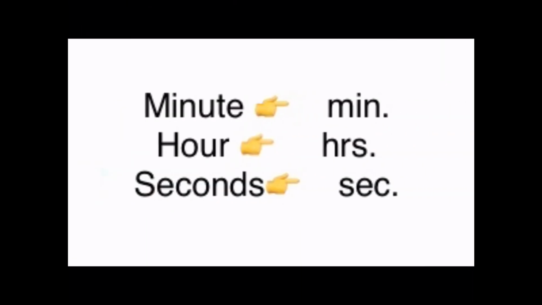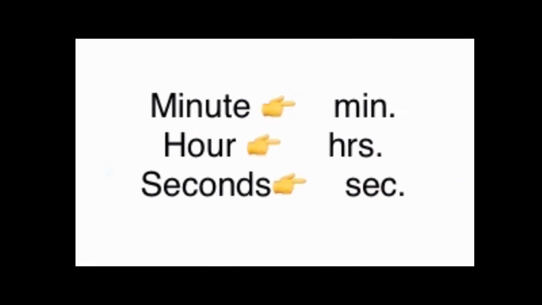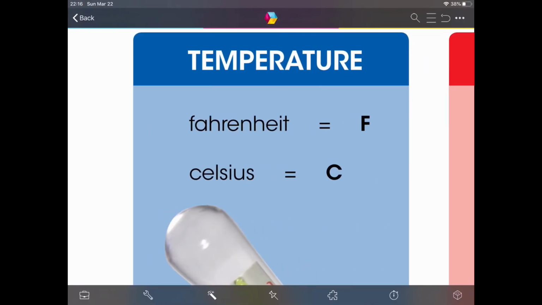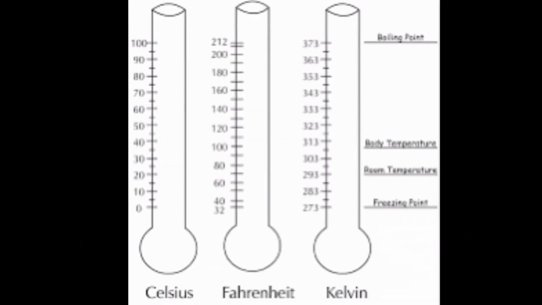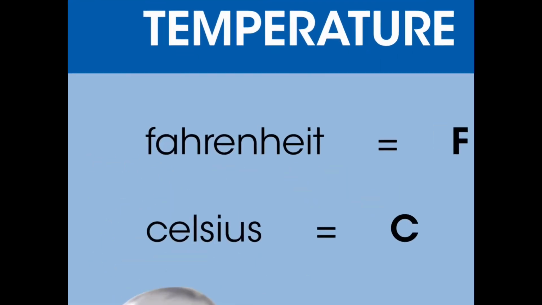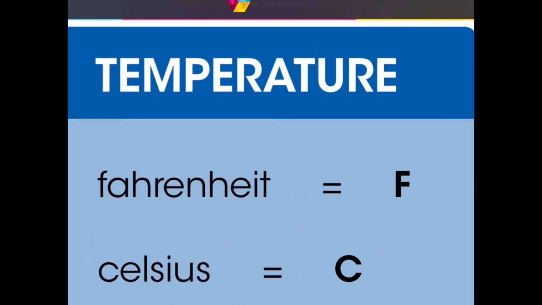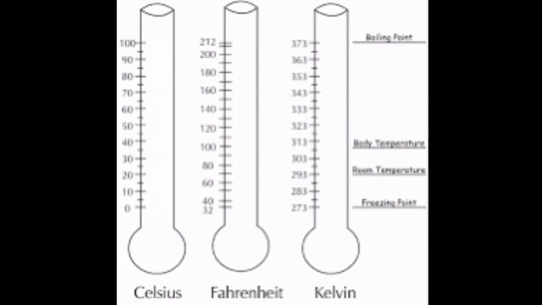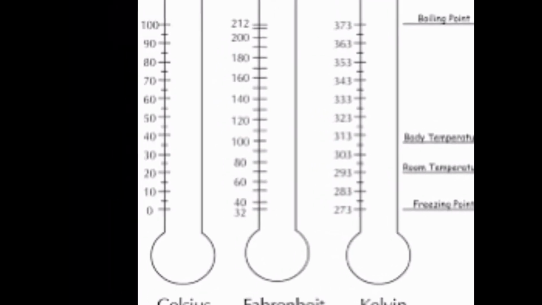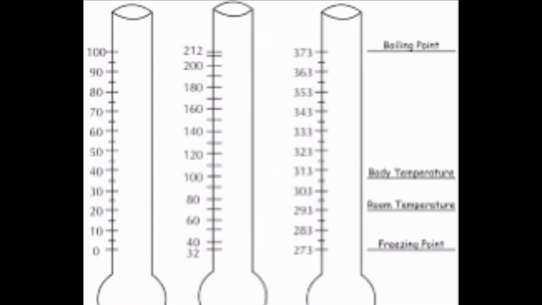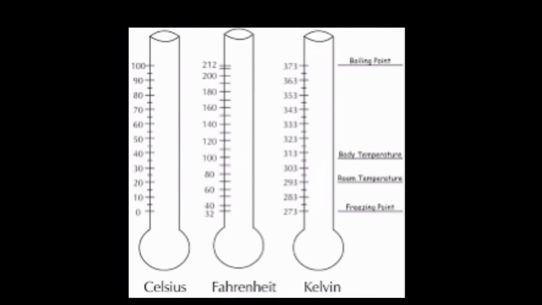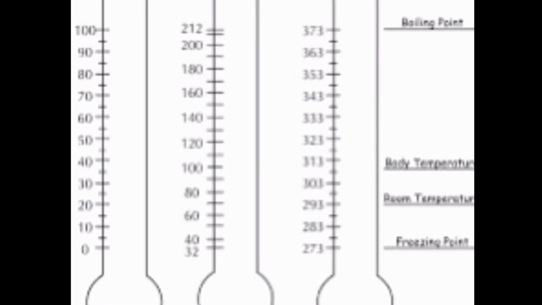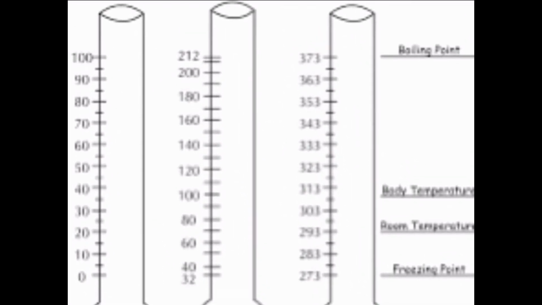Okay? Make sure you have that in mind. And the last one, we're going to identify temperature. This is related to science, which we worked on earlier this last week. And we have Fahrenheit, which is F, and Celsius with C. Here I have two thermometers, one for Celsius that goes from 0 to 100, and Fahrenheit that goes from 32 to 212.